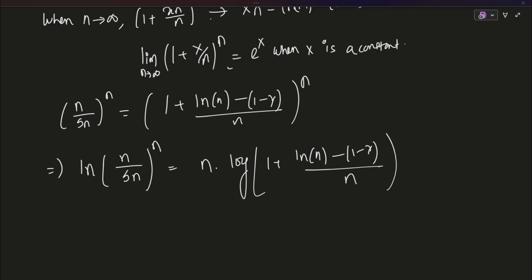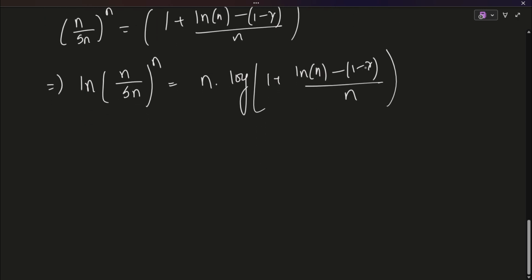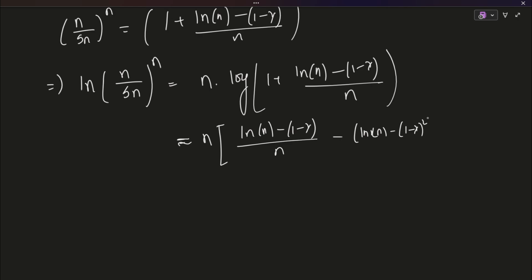You understand that this can again be broken into the series of log of 1 plus x, since ln n by n and (1 minus gamma) by n go to 0. So you can write this as n times [(ln n minus (1 minus gamma)) by n, this is x, and then minus x square by 2, which is (ln n minus (1 minus gamma)) whole square by 2n square, and so on].